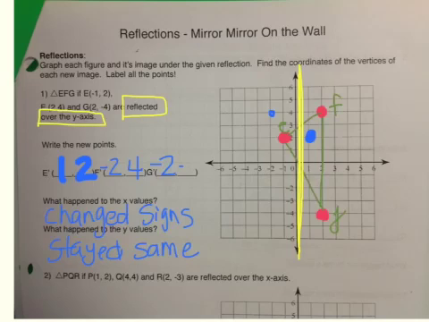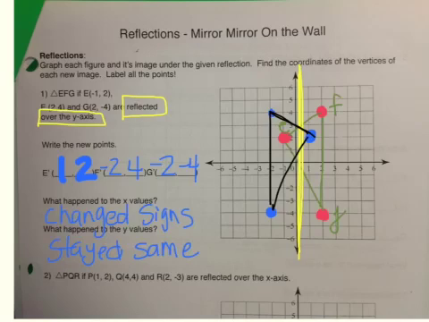So it's still going to be -4. So now I'm going to graph -2, -4. I'm going to go to the left 2 spaces and down 4 spaces and then graph that dot as well. Once you connect these, you'll see the new triangle.